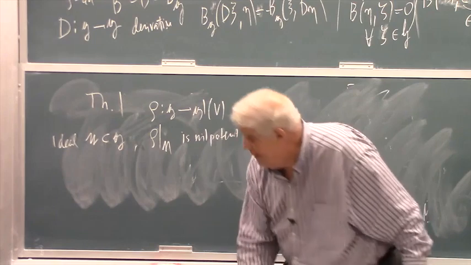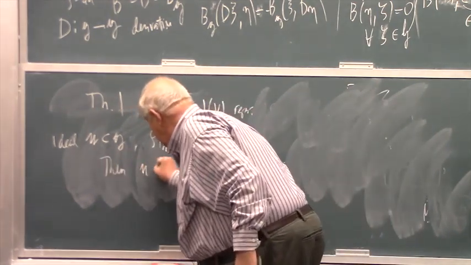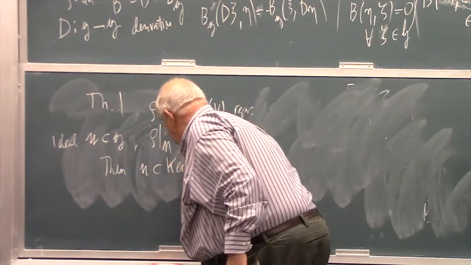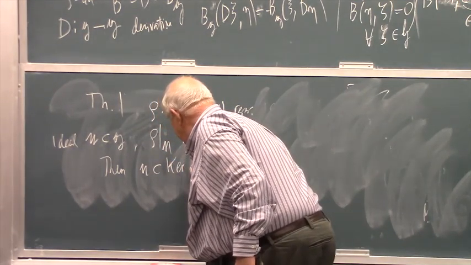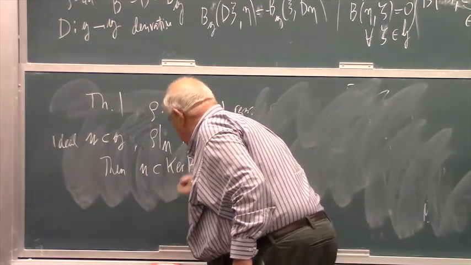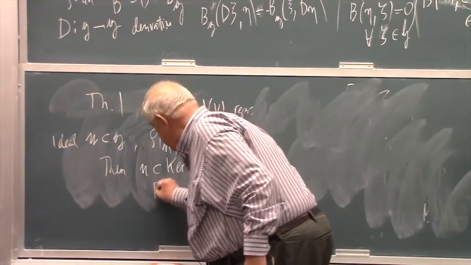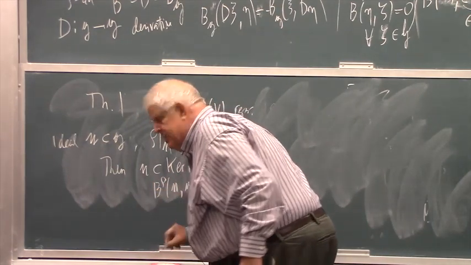Then n belongs to the kernel of B rho, meaning that B rho is 0 on it.